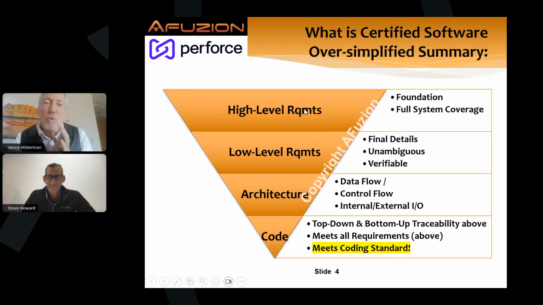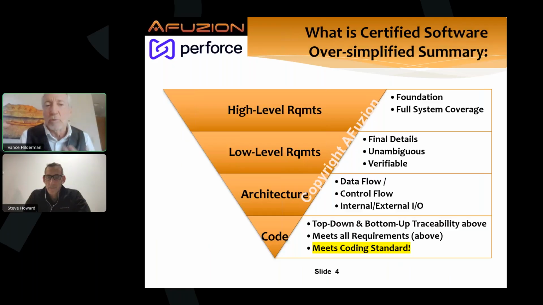With that, what is certified software? Well, in one slide, slide 4 here, oversimplified, we start with high level, top level requirements. They're our foundation. They cover the full system, and a cell phone is a system, flight controls, landing gear, the bathroom lights, the automotive hydraulic braking.